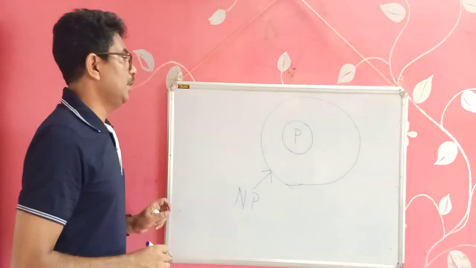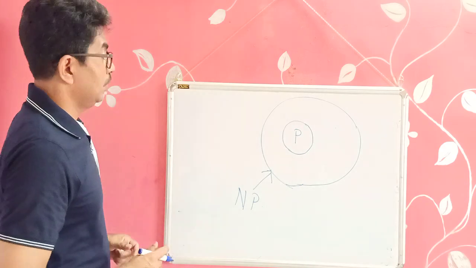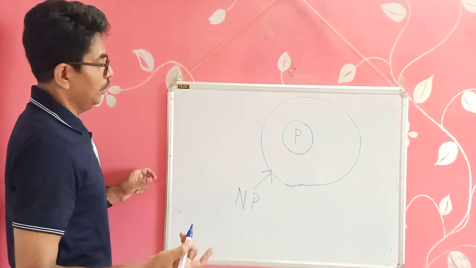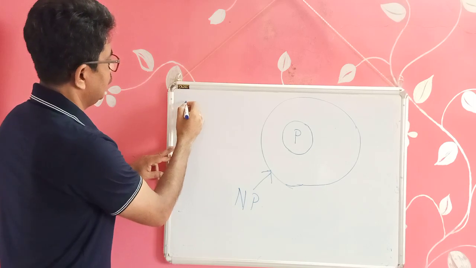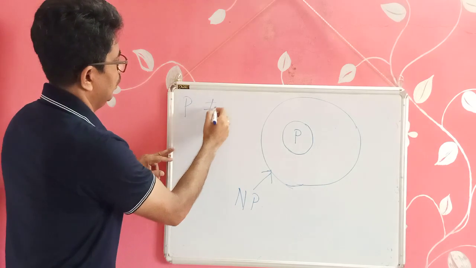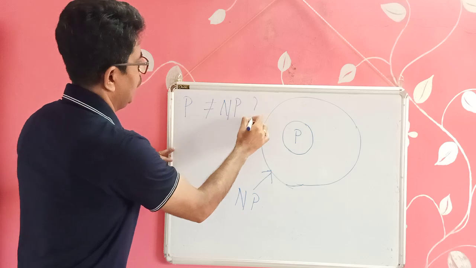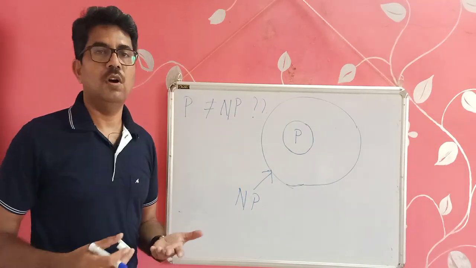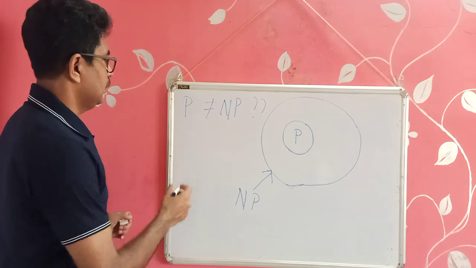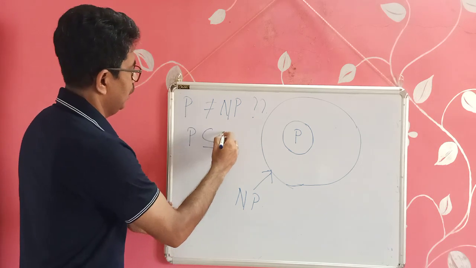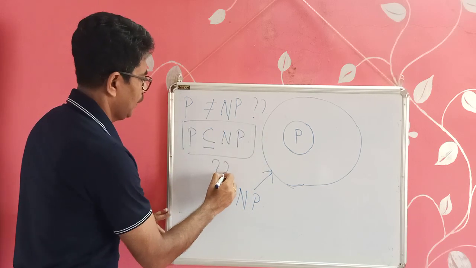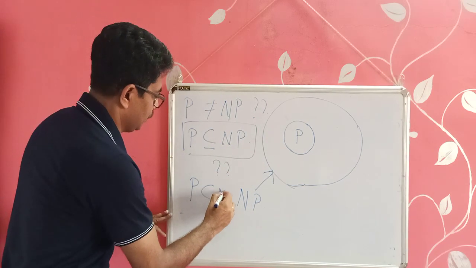Now, there is a very vital question, and that was given by Thomas Cook. This is known as Cook's theorem. The question is whether P equals NP or P is not equal to NP. That means, can we say that P is this, or P is a proper subset of this?